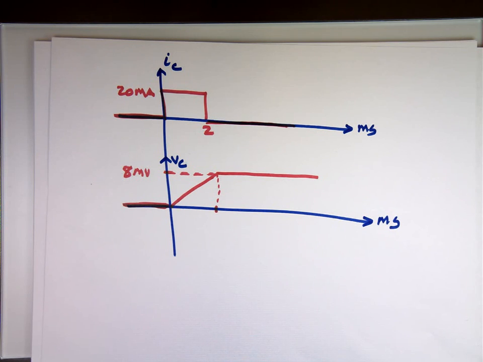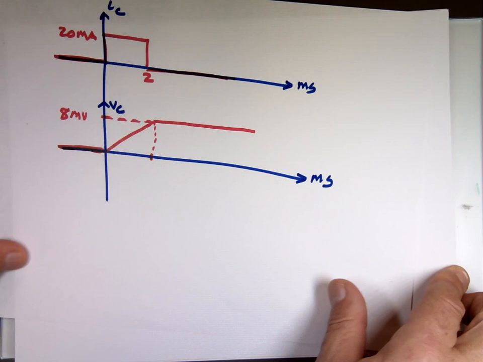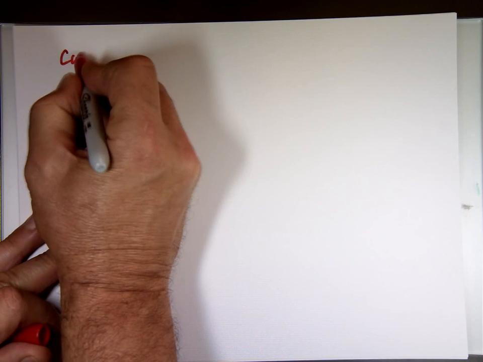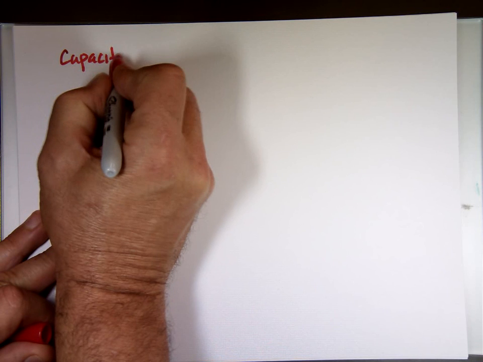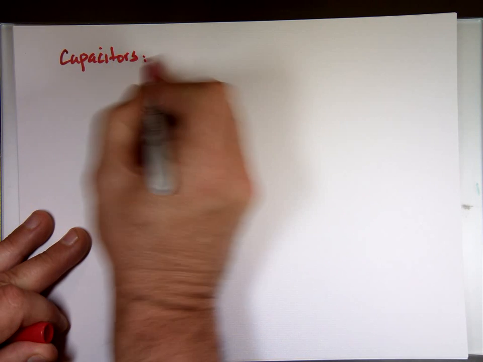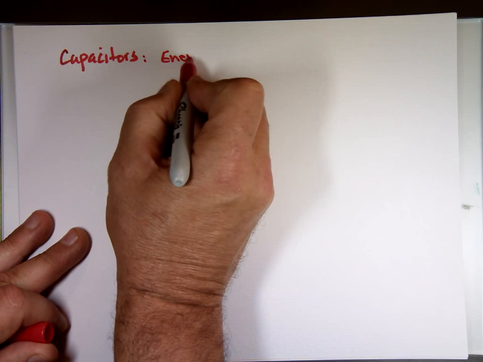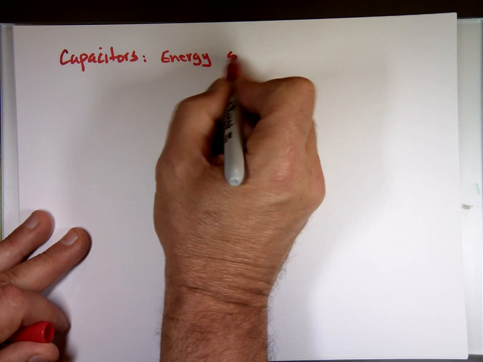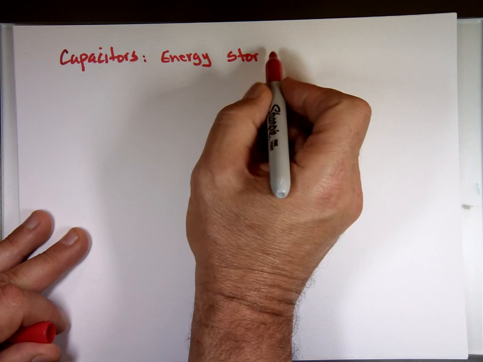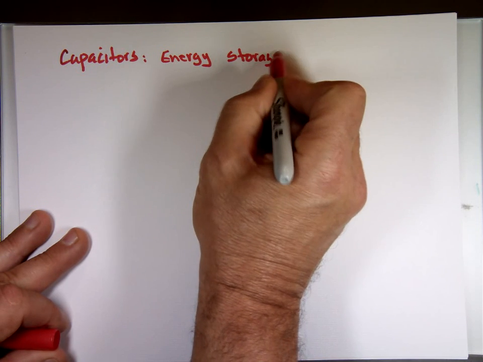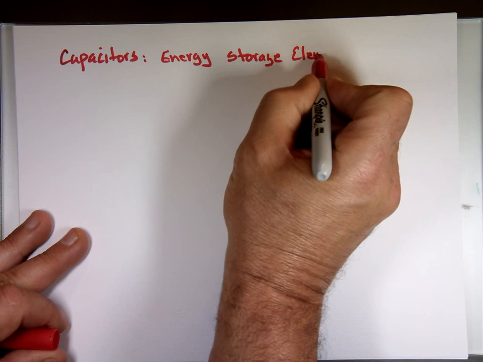Now, how about the energy stored in a capacitor? Capacitors are called energy storage elements. If you listen to the name, energy storage elements, they store the energy.